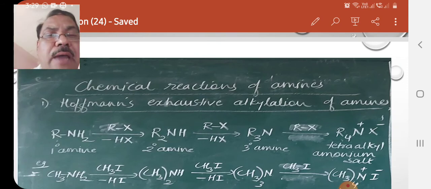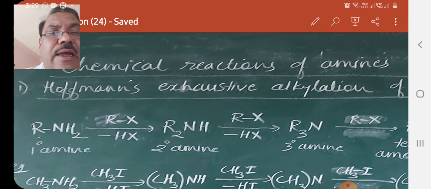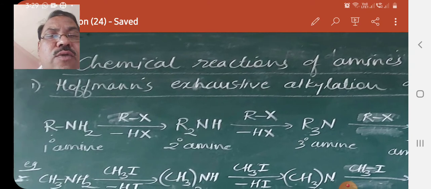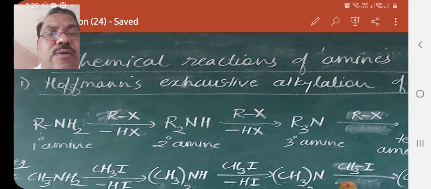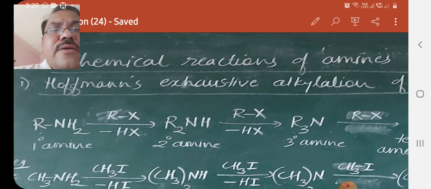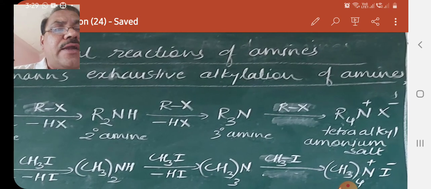When primary amine is reacted with alkyl halide, one hydrogen atom and the halogen get eliminated and the product formed is secondary amine. When secondary amine is again reacted with alkyl halide, tertiary amine is formed. And when tertiary amine again reacts with alkyl halide, a tetraalkyl ammonium salt is formed.